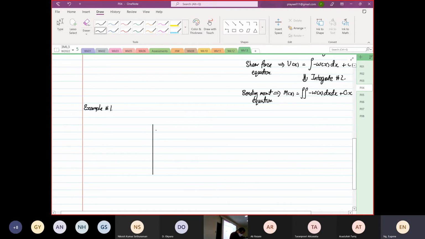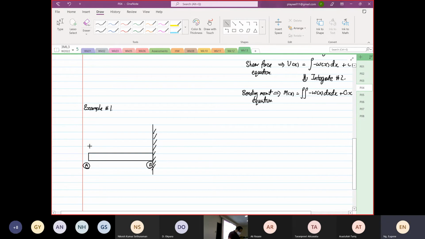So we have a cantilever beam. This is point A. This is point B. And the load is not similar to what you saw before.